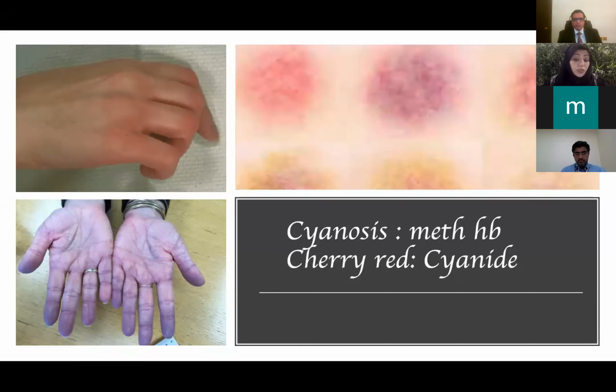You're only blue if you have either 5 grams of your hemoglobin attached to CO2, or 1.5 grams of your hemoglobin attached to the wrong iron, which we call methemoglobin.